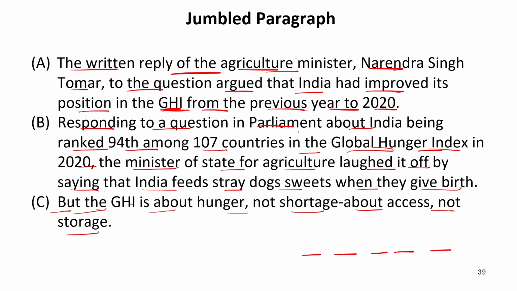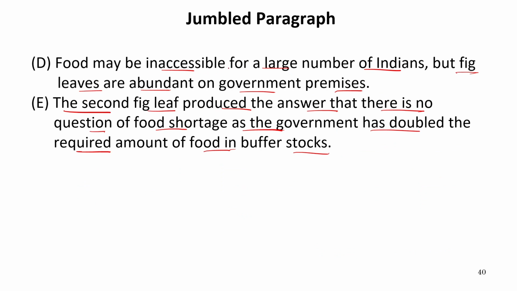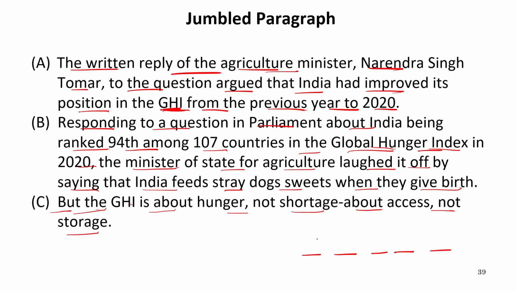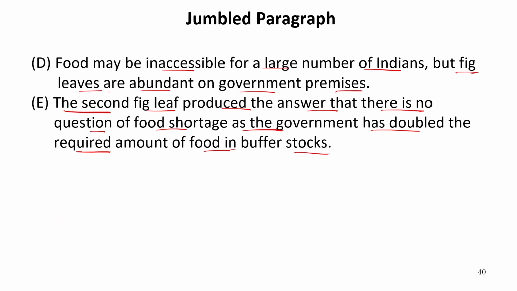Now, the sentence 'but the GHI', this again cannot begin the paragraph. Food may be inaccessible for a large number of Indians, but fig leaves are abundant on government premises. So this can be the first sentence of the paragraph, that is D. Now, if we see E sentence, here we have talked about fig leaves. So the second fig leaf, but what is the first fig leaf? That has not been talked about.